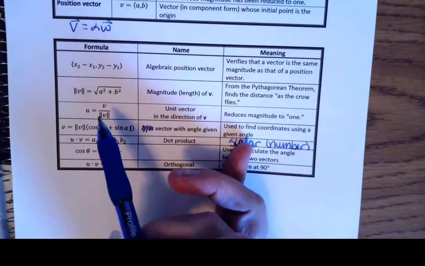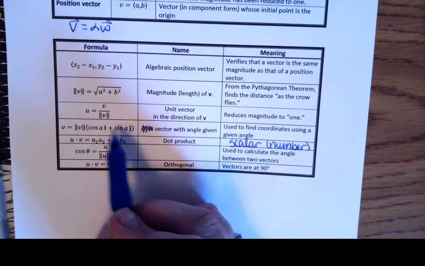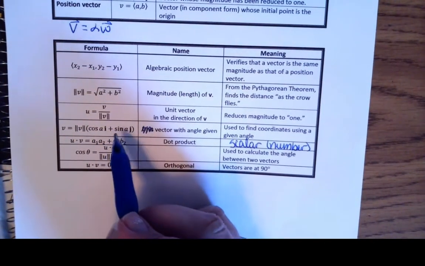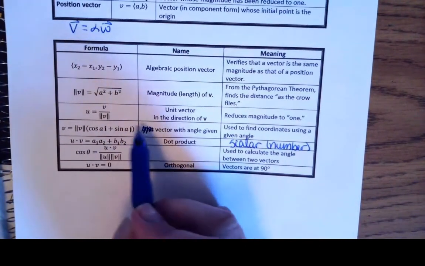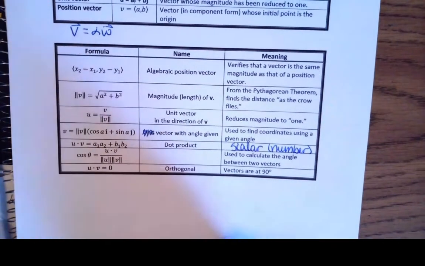What you'll find out is that its length is 1, so we'll go through that later. But also notice this should look familiar, because this is r times cosine theta, sine theta. So this looks suspiciously like polar notation. And then the rest of that we'll go through later.